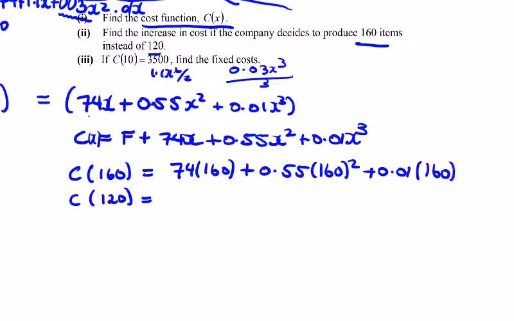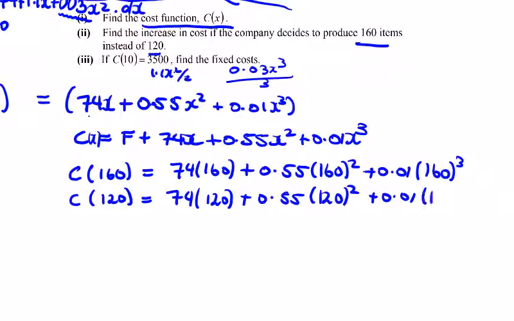Hard to believe this is actually what's involved here, but it is 74 by 120 plus 0.55 by 120 squared plus 0.01 by 120 cubed. Type each one in twice just to double check, or even triple check if you have time in an exam.